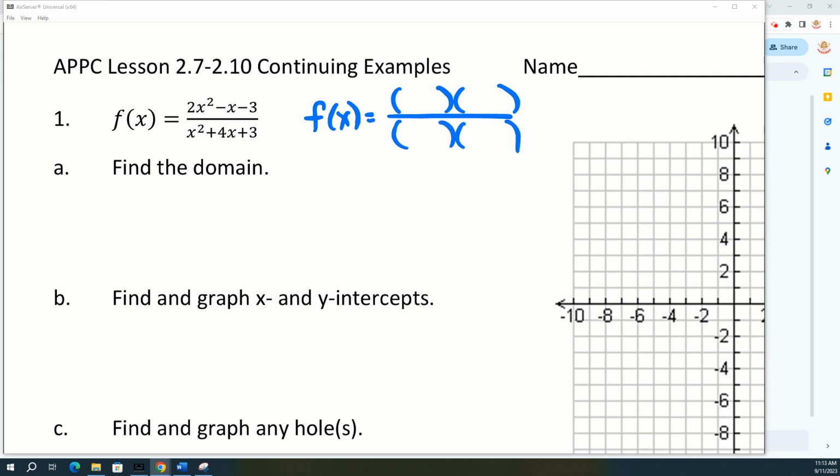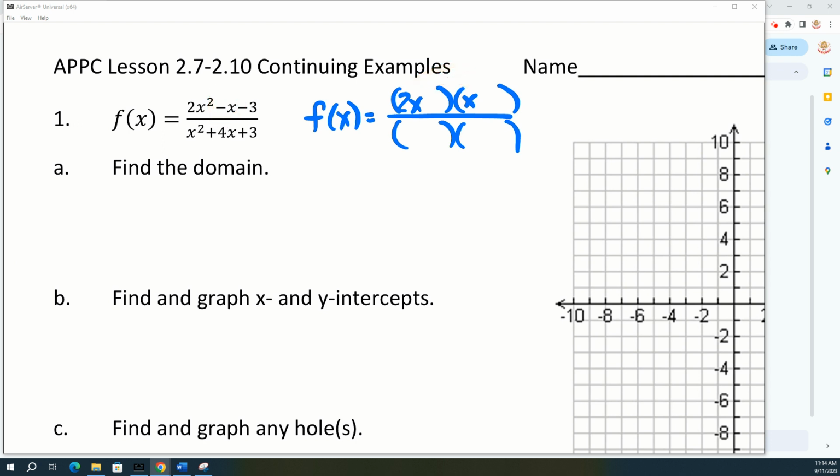All right, so on the numerator, it's kind of challenging to factor because we want to get 2x squared. Some of you look like you're already done, which is good. But to get 2x squared, we are going to have to do 2x and x. And then we need to get 3, so it's going to be 3 and 1. So we have to decide where we put the 3 and where we put the 1. When you do all the multiplying, you'll end up with -1.